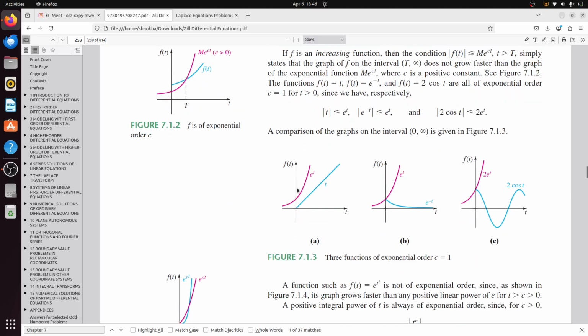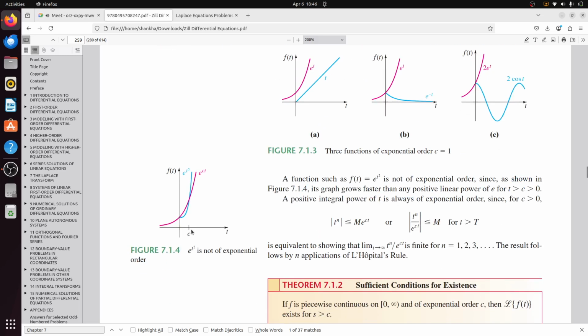See, for the function t, this is exponentially bounded: e^t is always greater than t, e^t is always greater than e^(-t), 2 cos t, 2 e^t is always greater than 2 e^t. And there also exist functions which are not of exponential order, such that e^(t²) is not of exponential order.